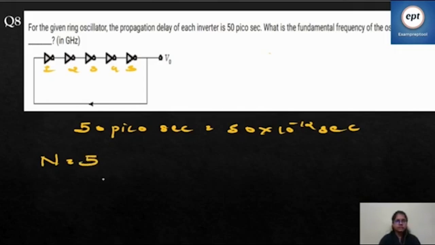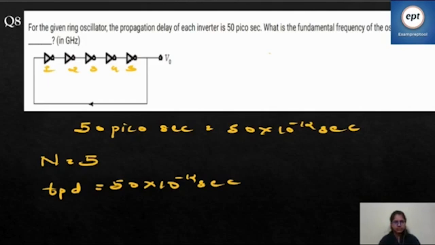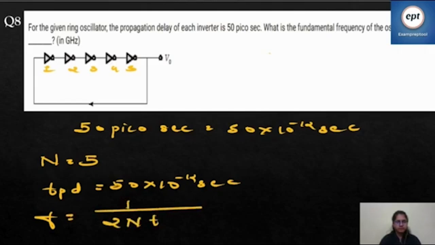And the TPD, the time of propagation delay, is given as 50 into 10 to the power minus 12 seconds. Now let's apply the formula for the frequency. The formula is f equals 1 upon 2n TPD.